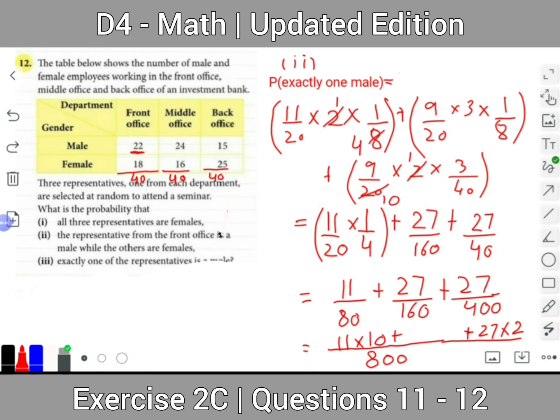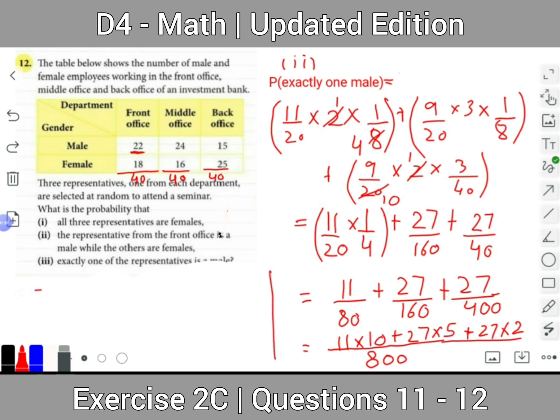So here we check where 160 divides 800. It is 5, so here we have 27 multiplied by 5.